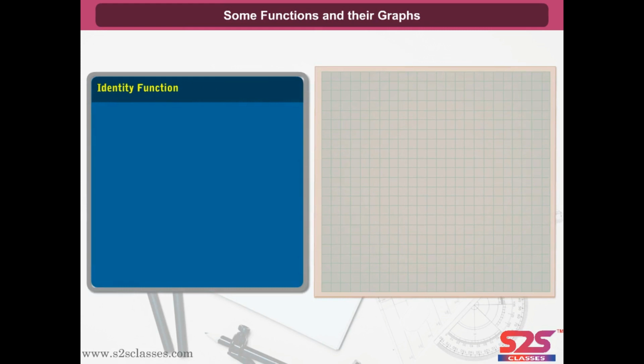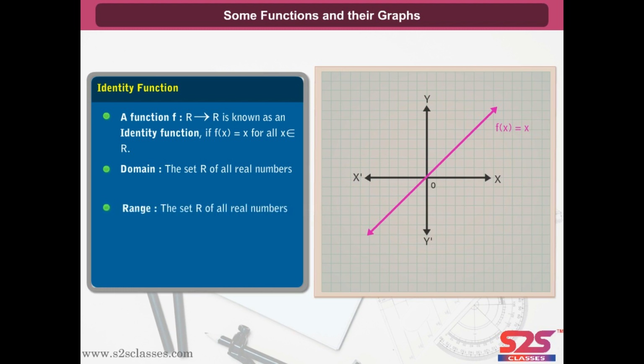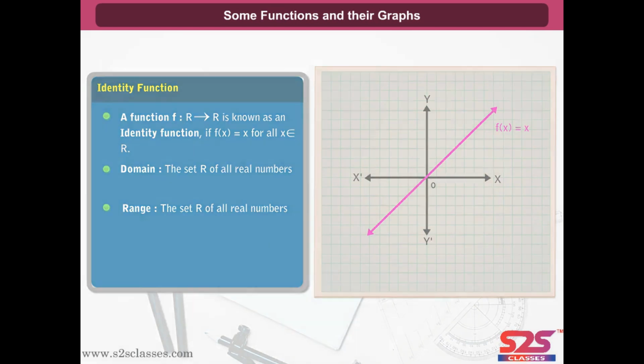The first is the identity function. A function f shown is known as an identity function if f(x) is equal to x for all x belongs to R. Domain is the set R of all real numbers. Range is the set R of all real numbers.